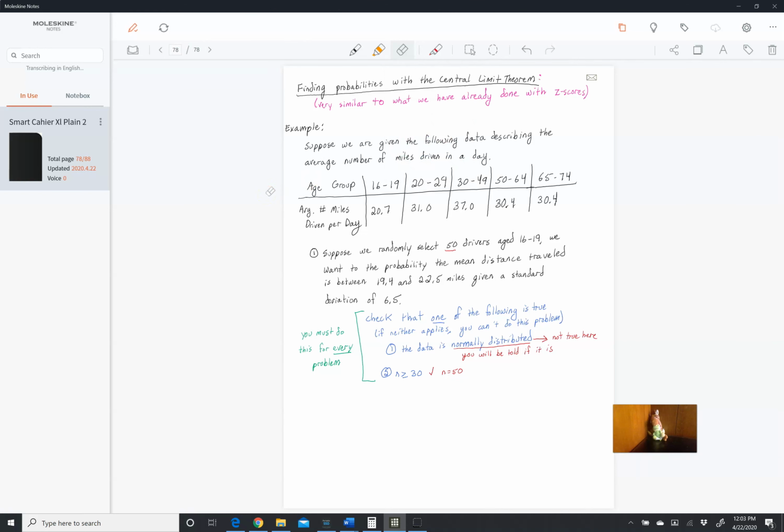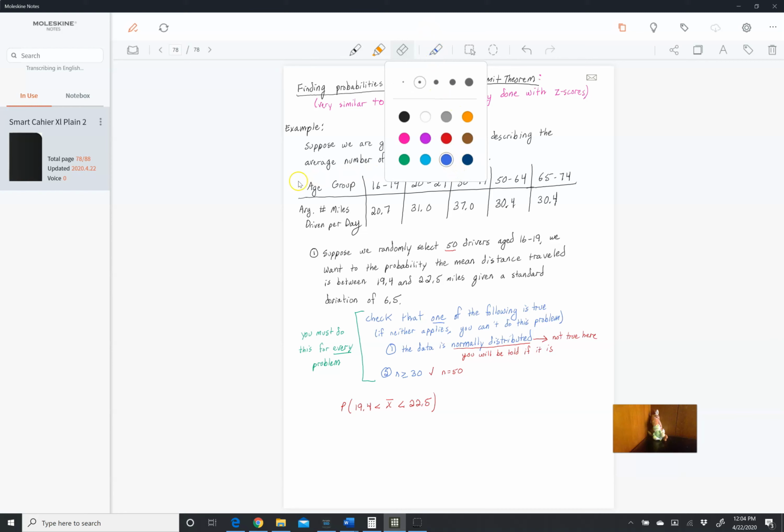This is asking, what is the probability that 19.4 is less than x bar, which is less than 22.5? We need to find the z-scores. Now here's the difference. The z-score for this is using x bar instead of x.